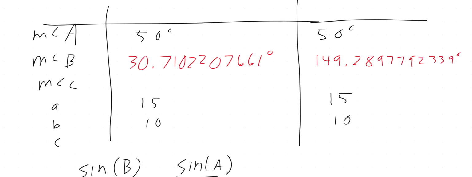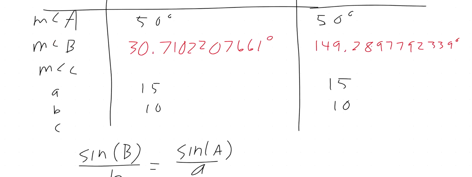All right, so let's start with our triangle 1. Let's finish that off. These add up to about 80, so angle C is going to be slightly under 100. It'll be 99.2897792339 degrees.